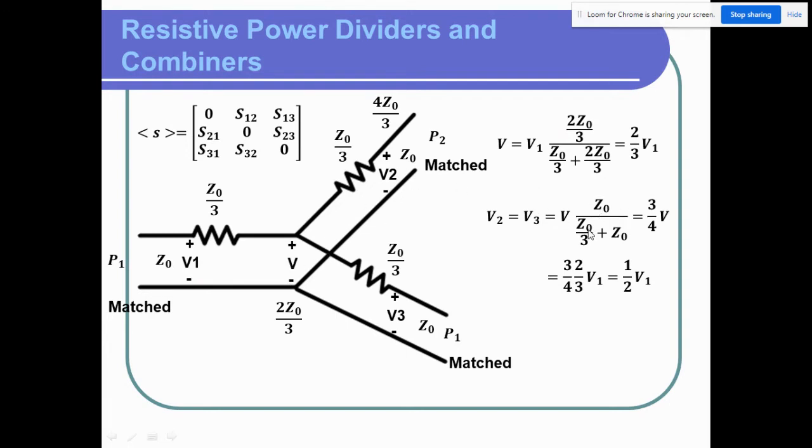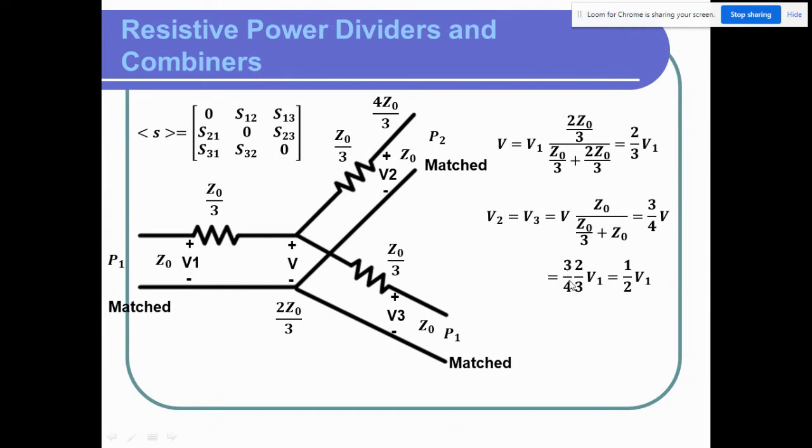So Z0 multiplied by V, and then Z0 by 3 divided by plus Z0. Same. So it becomes 4 Z0 by 3, and then when it goes, it reverses itself. This is your part to understand, this is easy. It becomes 3 by 4 V only. Now we know V is equal to 2 by 3 V1.